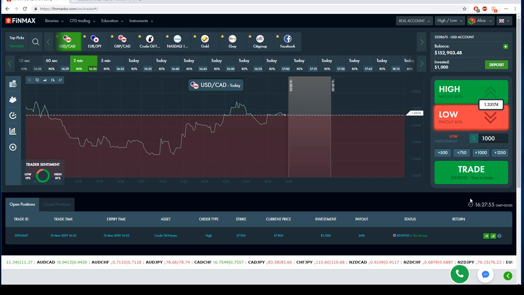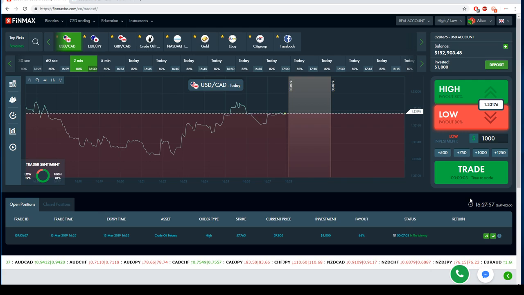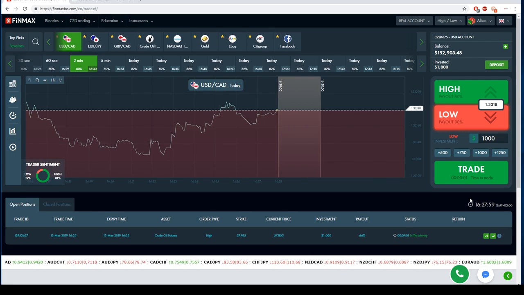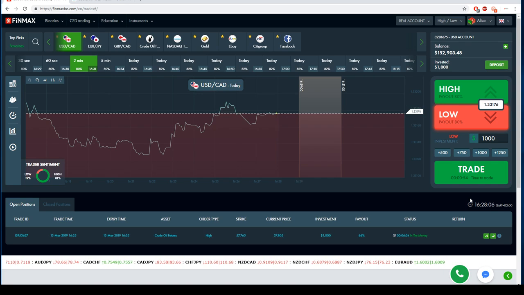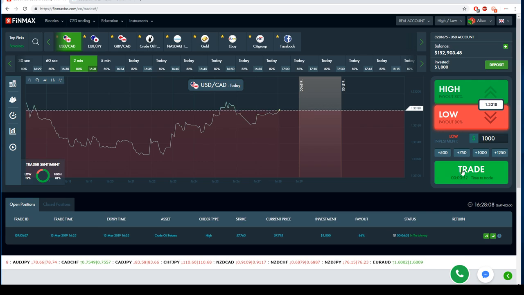So if you trade on volatile events such as crude oil or NFP or GDP, that's a great thing to get ready for the market. As you see, I have my expiry appeared here, and I'm going to place the trade now.